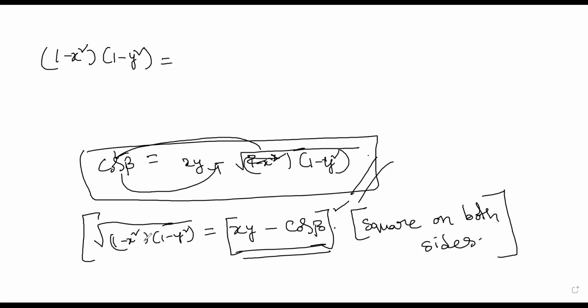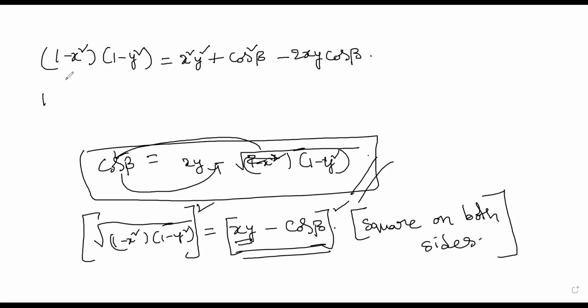You have to open the bracket and then put the square. So when you square it, this becomes a square, that is x square y square, plus b square happens to be cos square beta, and minus 2ab, minus 2xy cos beta. So almost like directly you will get it. I think this method is much better.